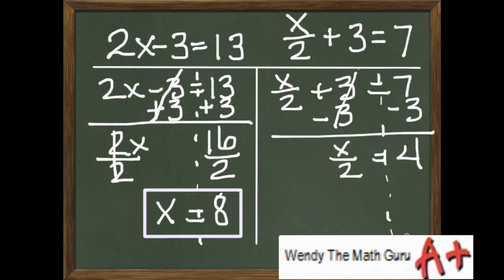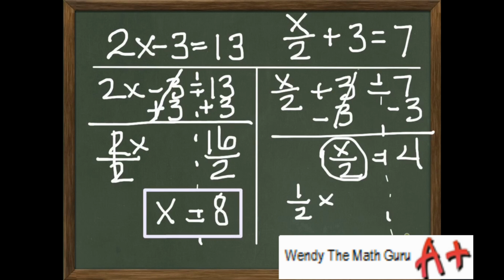So let's take a look at another way to write x over 2. Another way to write x over 2 is to write 1/2 x. Because 1/2 x, if you multiply 1 times x, you get x, and then you're still left with 2 in the denominator. So 1/2 x is the same as x over 2. It's an equivalent way of writing x over 2. Okay?